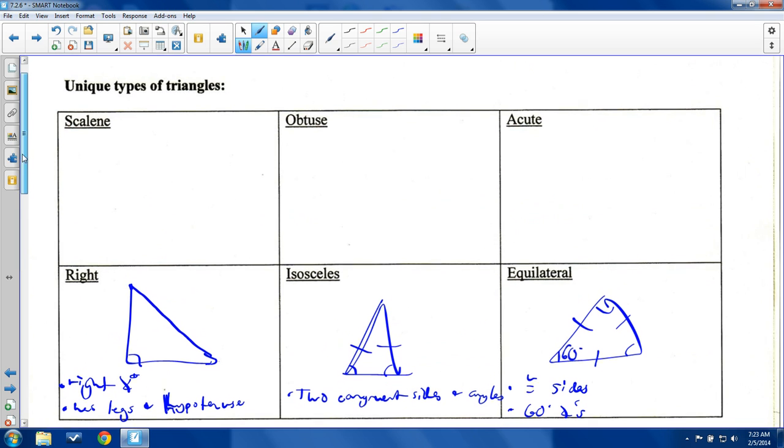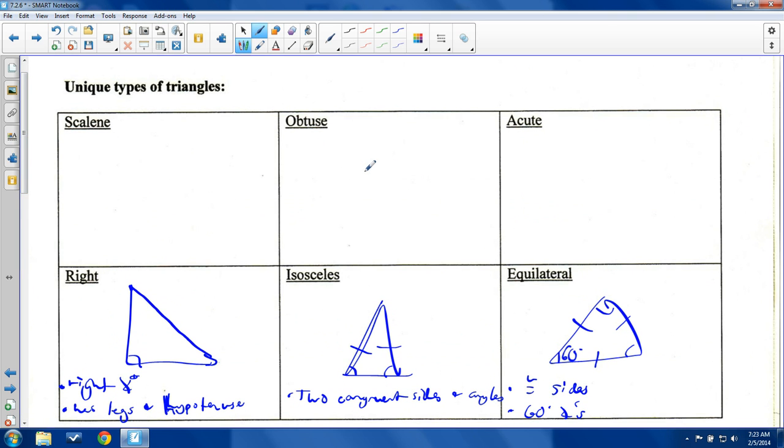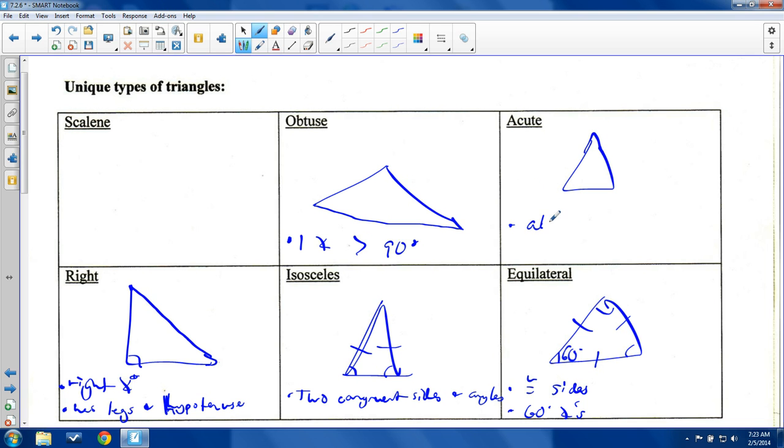Okay, an obtuse triangle has one angle greater than 90 degrees. An acute triangle has all angles less than 90 degrees.